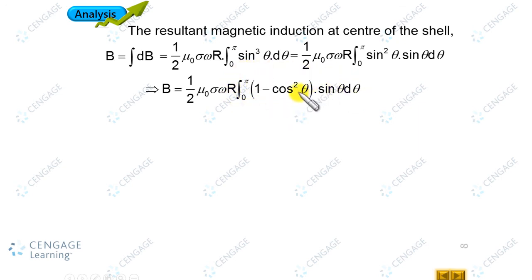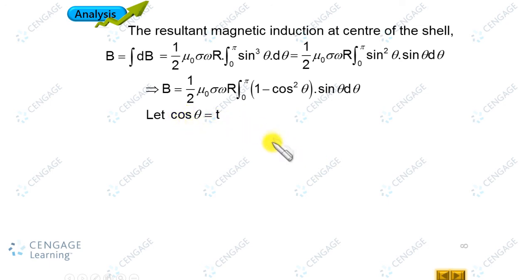So here we can use the method of substitution, and using the method of substitution we can take cos theta equal to t. If we place cos theta equal to t, the differentiation of cos theta will be equal to minus sin theta d theta, because differentiation of cos theta equals minus sin theta.